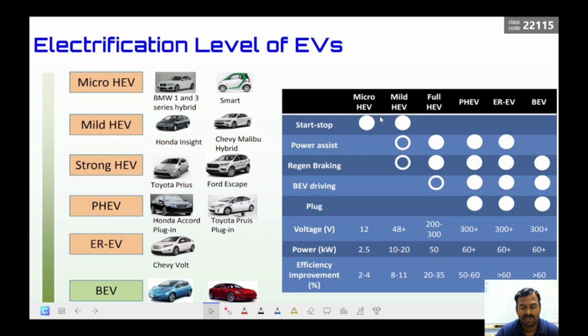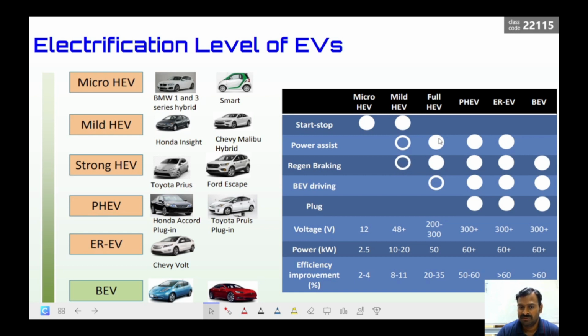In the micro HEV, we achieve only start and stop operation using an electrical signal. In mild HEV, we have the start and stop process, a little bit of power assistance from the electrical motor, and regenerative braking also takes place whenever you apply the brake.